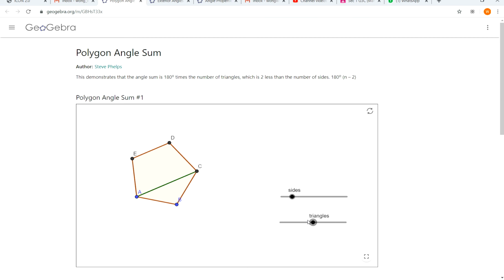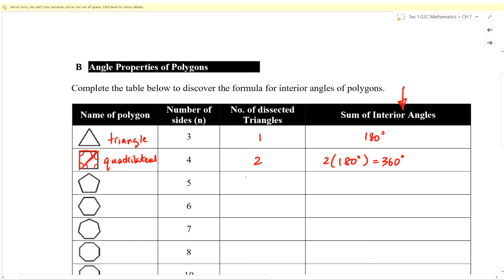There's 1. There's 2 and 3. Can you see that we can split a 5-sided figure into 3 triangles? Okay, so now you should be able to tell me what is the sum. 3 times 180 degrees to give us 540 degrees. Please fill in the names over here, all the names from the previous page. Yeah?